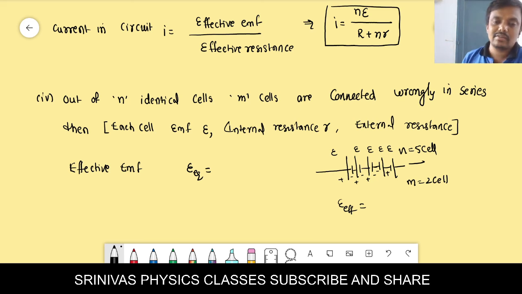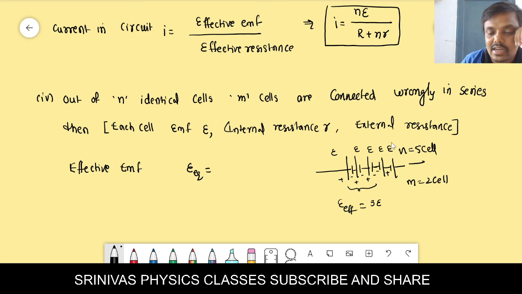I will explain whether it is correct or not. We will check. You see, there are 5 cells, right? Out of this, the first 3 cells are rightly connected. What is their total EMF? We just have to add them. 3E, because these are connected rightly.